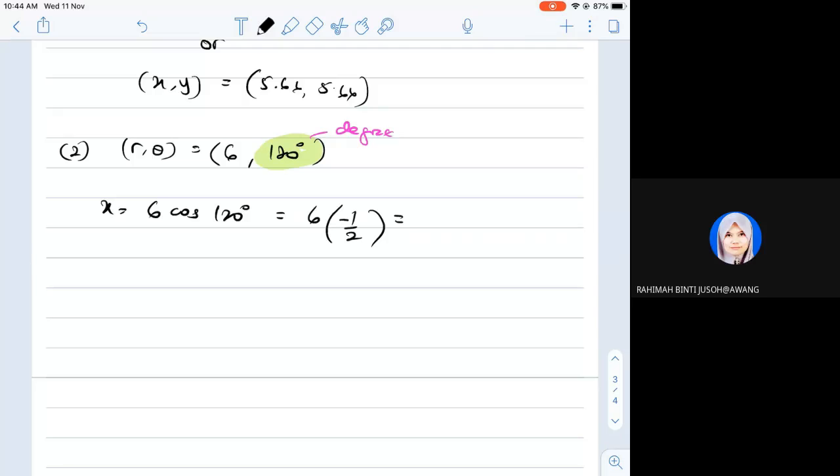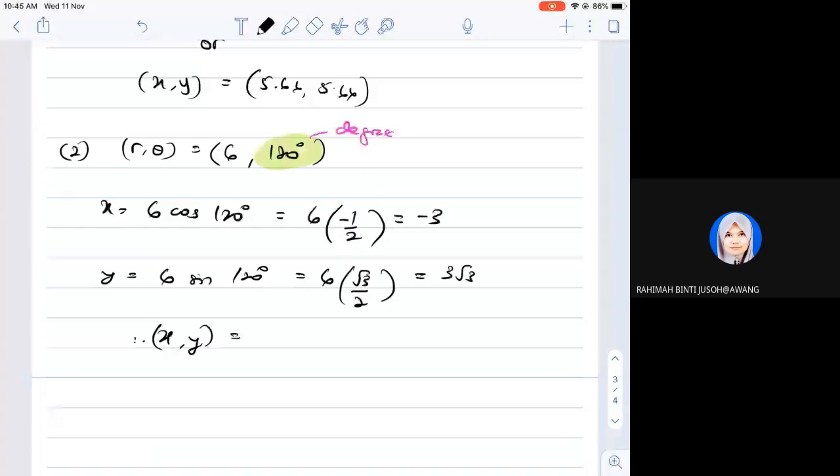Yes. Okay, so we have negative 3 and then y equals 6 sin 120 degrees. 6 times, 120 is positive sine, so root 3 over 2. So equals 3 square root 3. Okay, so the answer is, of course, xy equals negative 3, 3 square root 3.